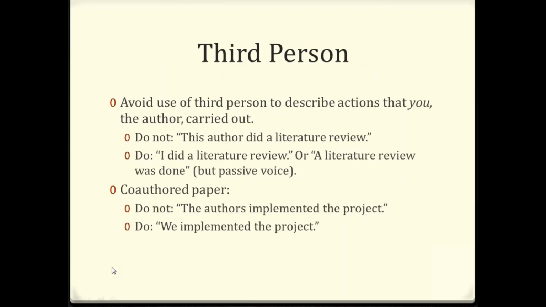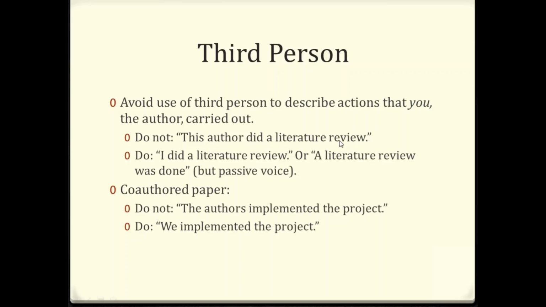All right, then to third person. In APA, you were probably taught throughout junior high and high school and maybe before that that you shouldn't write in first person. APA style allows you to write in first person to avoid confusing readers about who did what. In other words, APA doesn't want you writing, this author did a literature review.